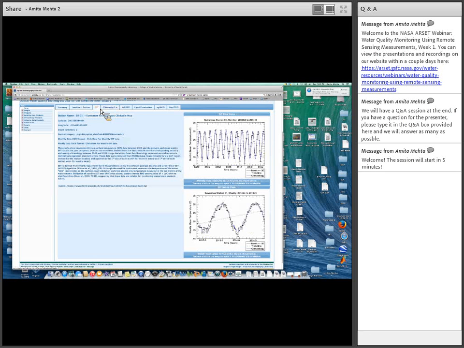SST or temperature is shown, and this is monthly and this is weekly variation. At the same time, one can see how temperature is changing at this particular station over the last several years, say, from weekly data, and these are just showing an annual cycle and a small trend.